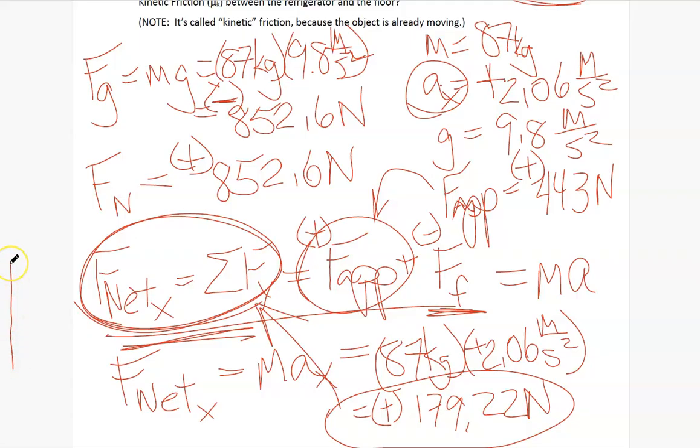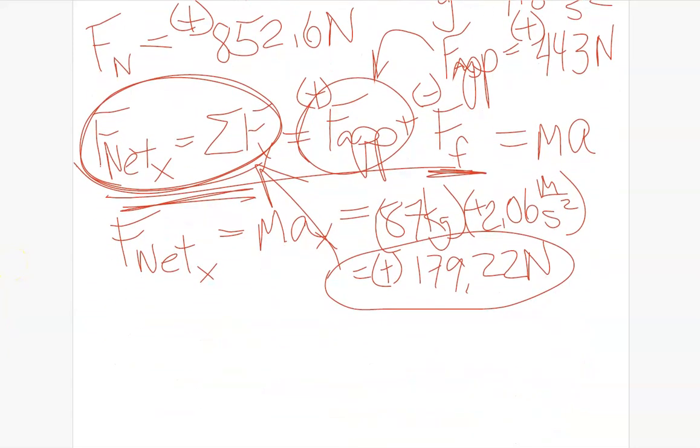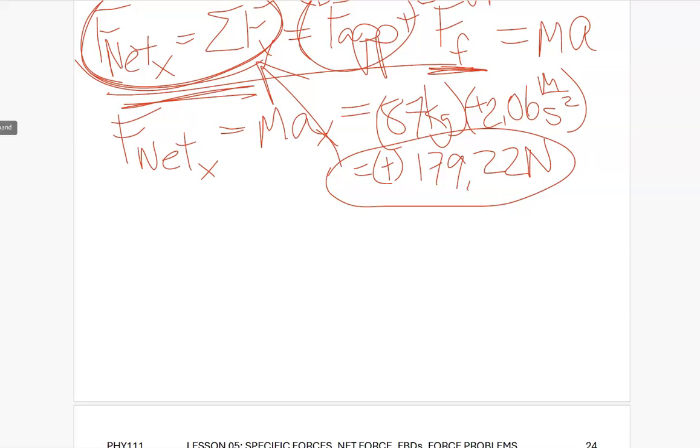So let's slide down to have a little more area to work in. And I'll try to write small because it's taking up too much room on the screen here. But we know that the net force in the horizontal direction equals the applied force plus the frictional force.